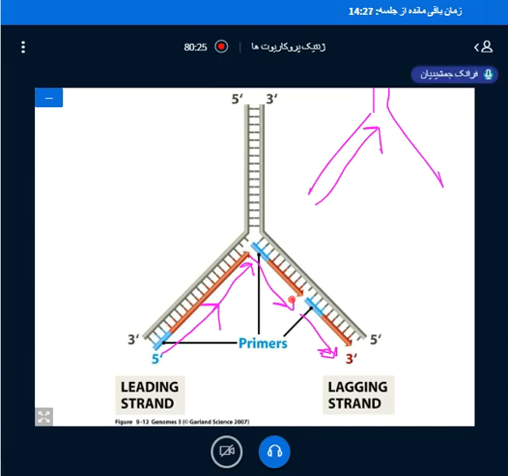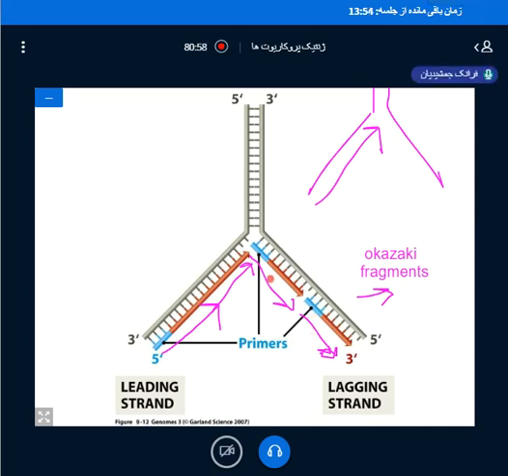So, one strand is synthesized partially, and we have some fragments. What do we call them? Do you know? We call each fragment an Okazaki fragment.